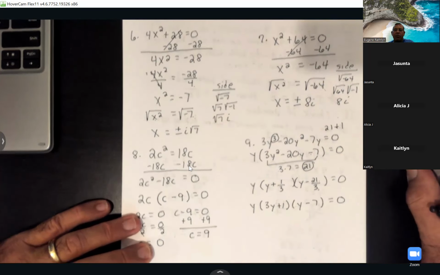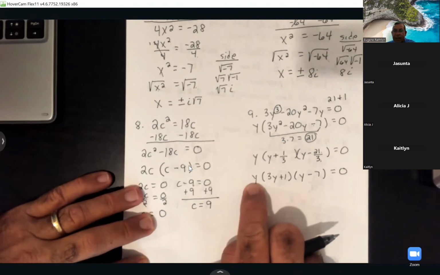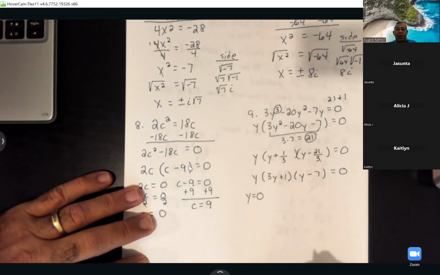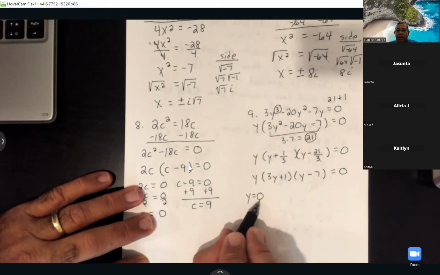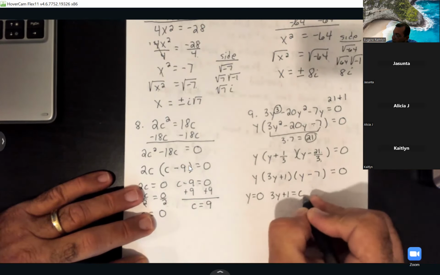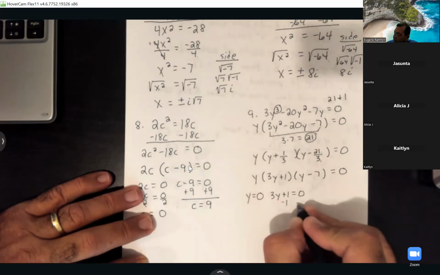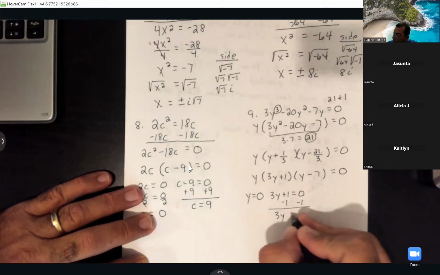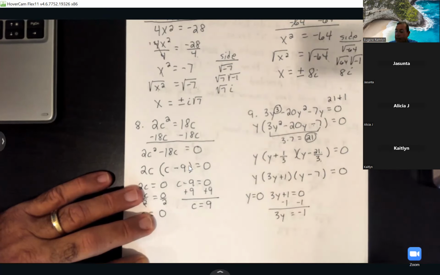All right, so let's get those 3 numbers. Set this one equal to 0, and that one's done. So my first answer is 0. Set the 3y plus 1 equal to 0. Subtract 1 first. So I get 3y equals negative 1.